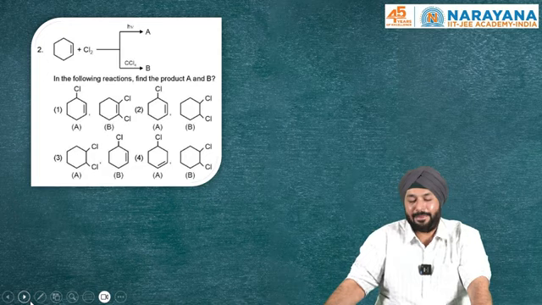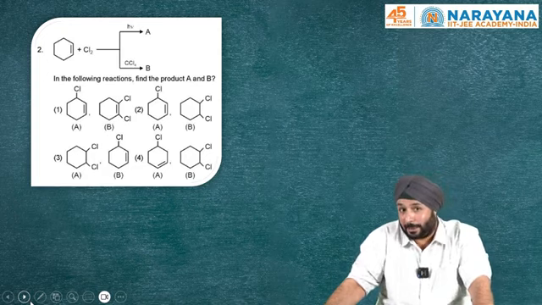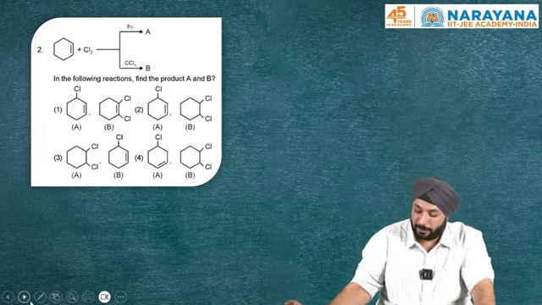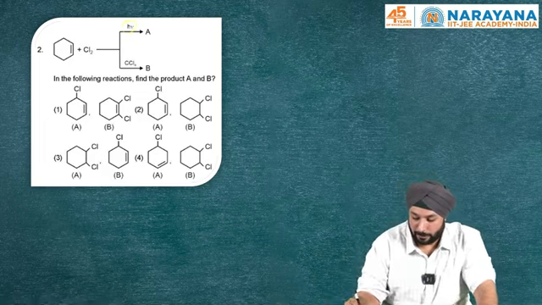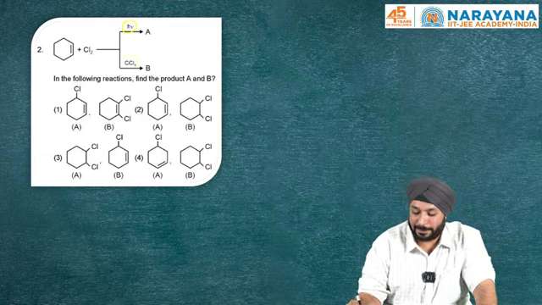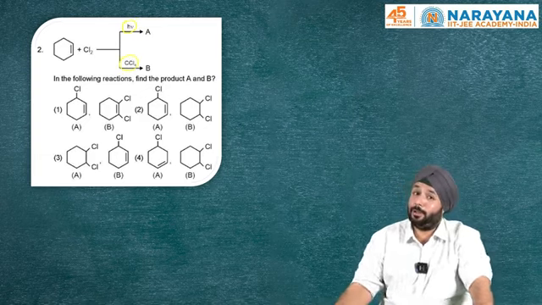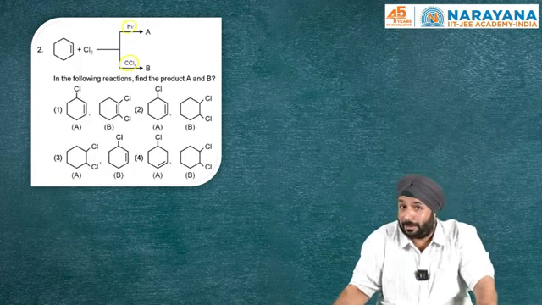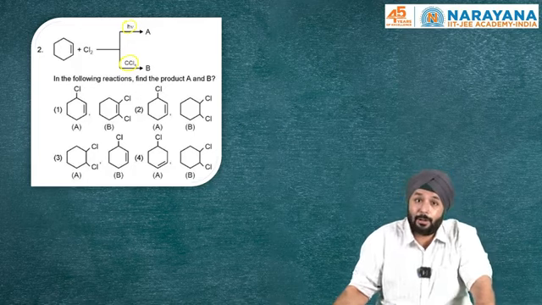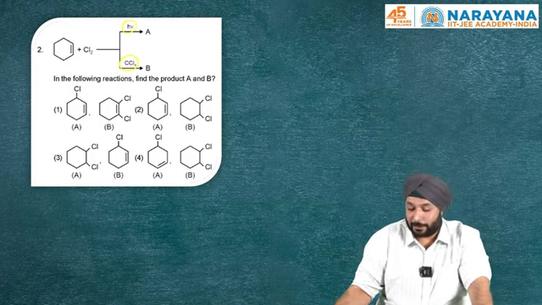Here we have cyclohexene and we are reacting cyclohexene with chlorine gas, in the presence of photon, that is h nu, and in the presence of CCl4. Now whenever we are using photon, the reaction mechanism is free radical mechanism where chlorine will undergo free radical substitution.